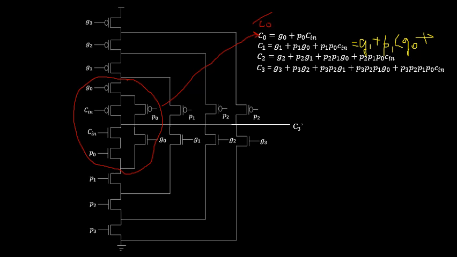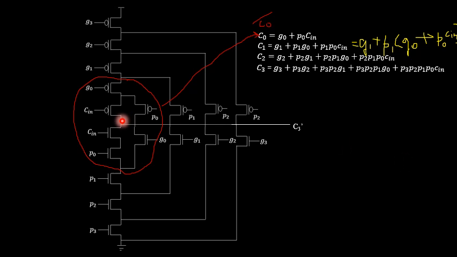P1 I have considered outside the bracket, so I am left with only P0 as well as Cin. So for this expression, I will try to draw the CMOS logic structure now.